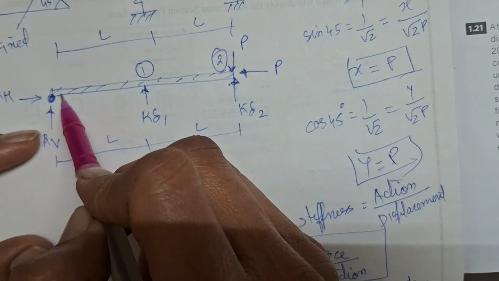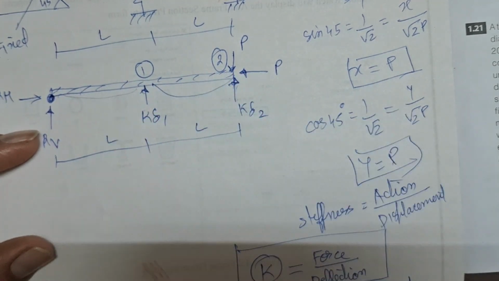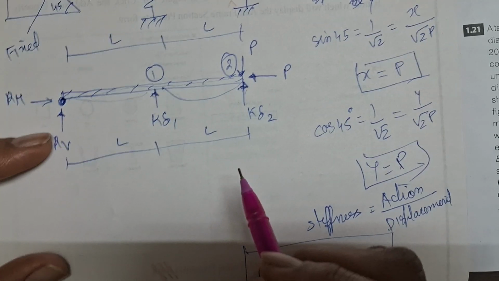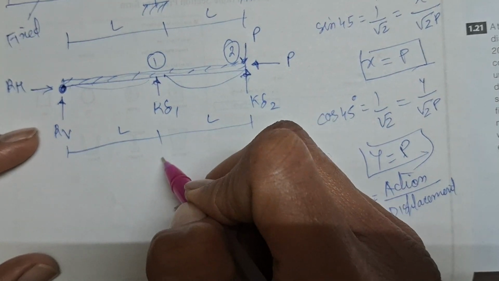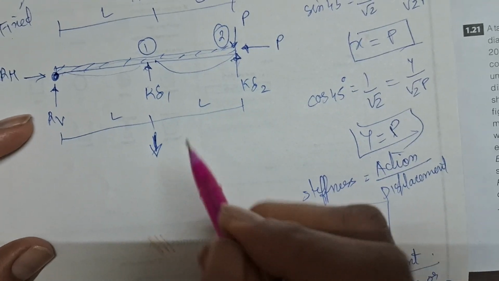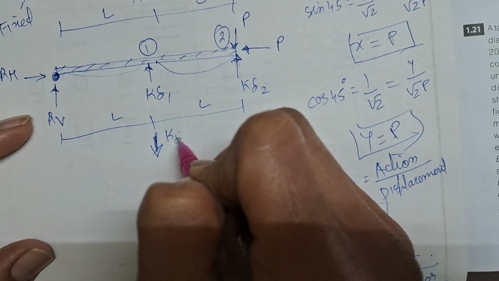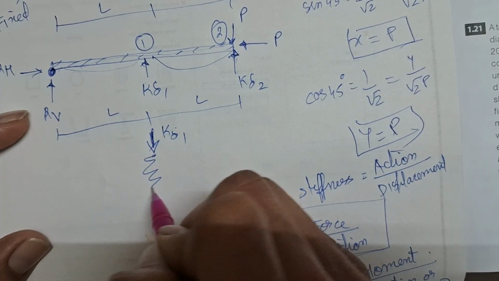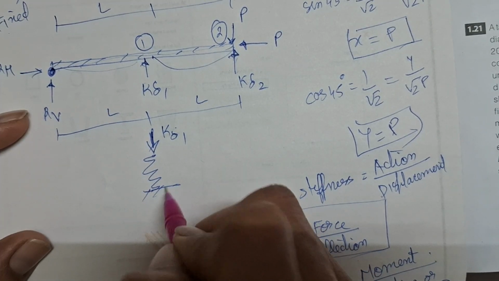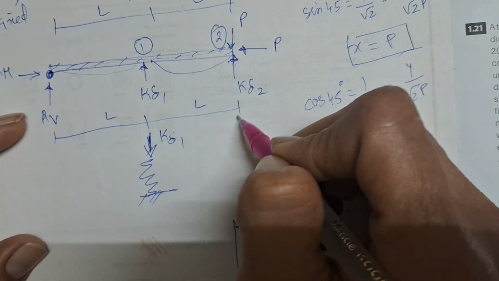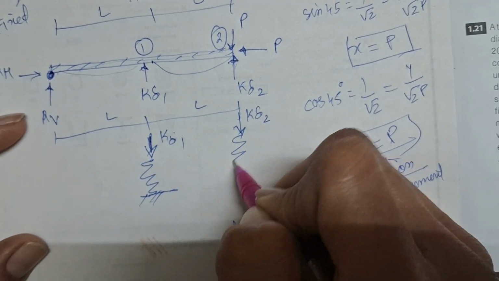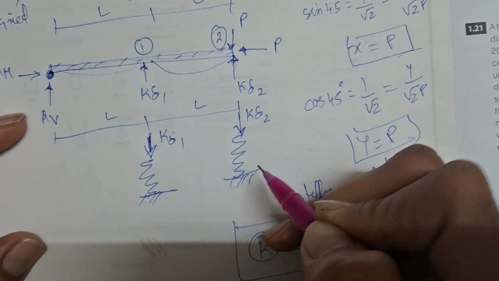It will not bend like this or like this, it will not deflect, because this bar itself is rigid, okay. So now suppose this force K delta 1 I am applying in the downward direction on the spring, okay. So suppose this is your spring, so K delta 1 is going downward, and the same way this force K delta 2 is also applied to this spring.